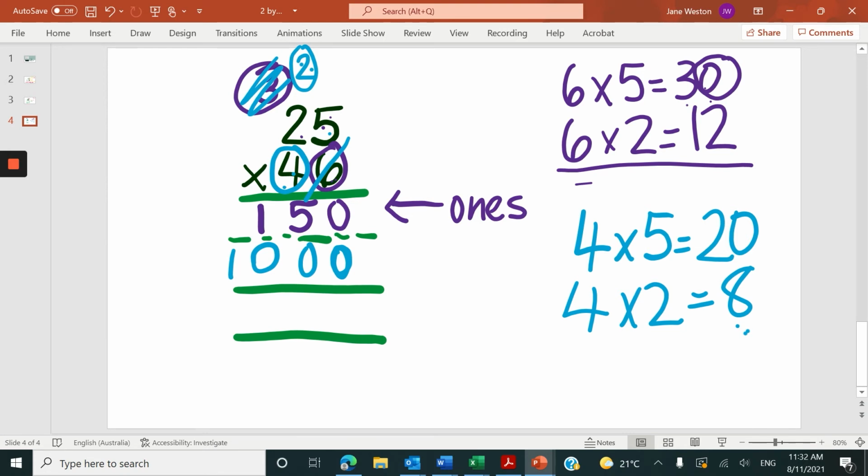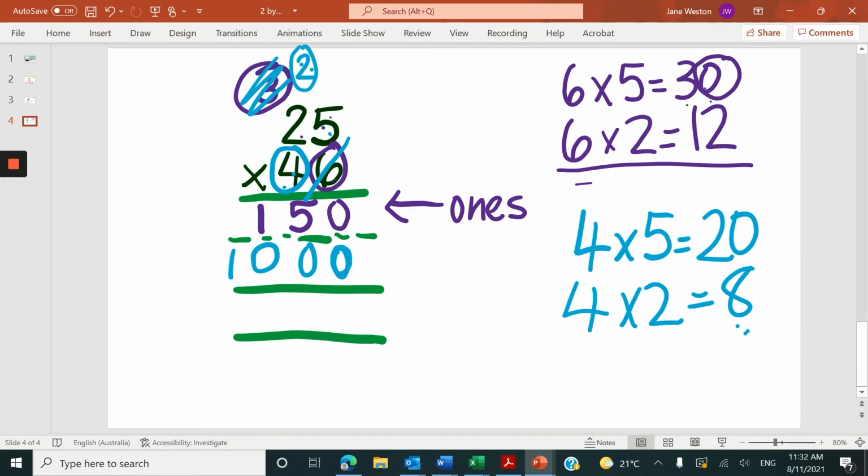So I could bump over here and just think about it as 4 times 2 because my other place values were already included. Okay, so we were already moving into those place values of the hundreds and the thousands over here. So that must mean that 40 lots of 25 is 1,000.